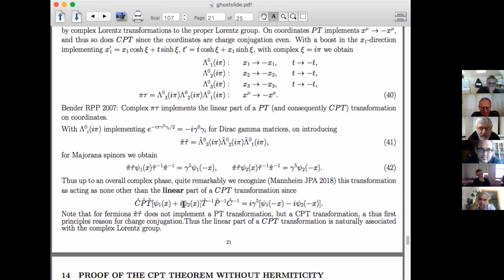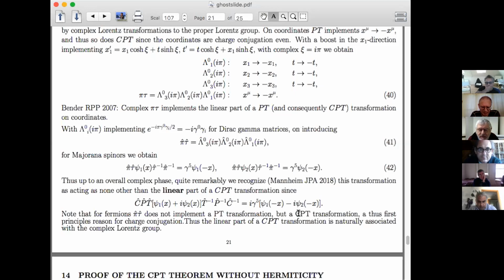Because CPT on psi 1 plus i psi 2 is i psi 1 minus i psi 2. And so we recognize that this same complex transformation that we started out with as a PT transformation that gets us from the restricted Lorentz group to the proper Lorentz group doesn't do the job for spinors unless it becomes CPT. So PT alone no longer will make this transformation for spinors, even though it did do it for coordinates.